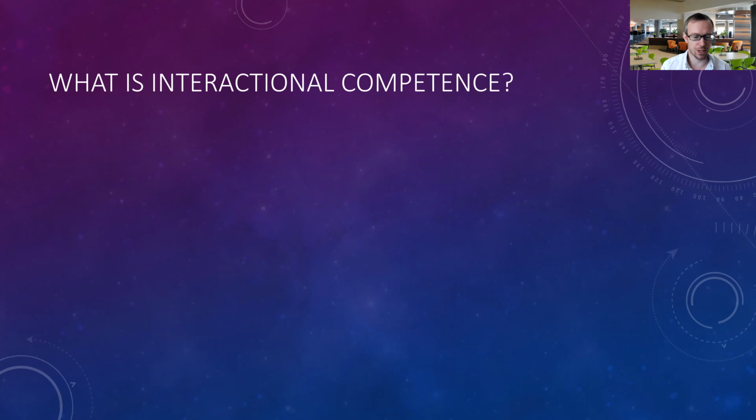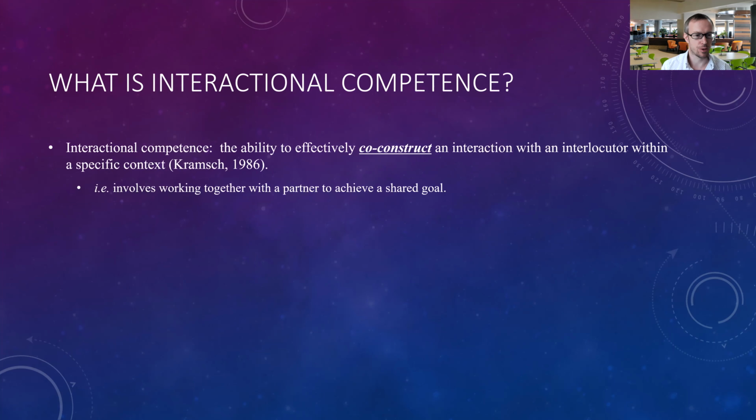So first of all, what is interactional competence? The term was coined in 1986 by Claire Kramsch, and it is the ability to effectively co-construct an interaction with an interlocutor within a specific context. So it basically means working together with a partner to achieve some sort of shared goal, the shared interactional goals of whatever context you happen to be in.